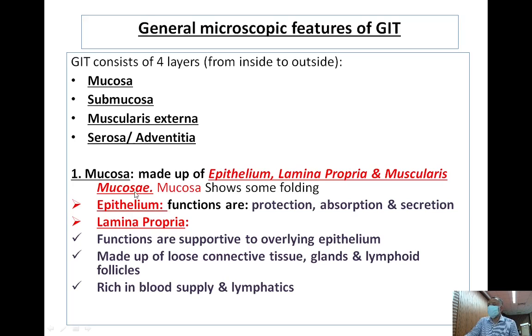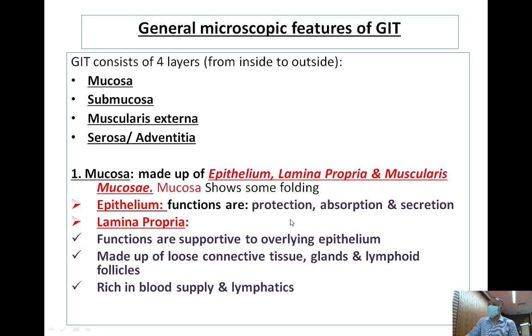Now, why is the epithelium present? The main function is protection. Wherever there is a chance of mechanical injury, the epithelium is stratified. In parts where there is very little chance of mechanical injury but a chance of chemical injury, it gives protection by secreting fluids which form a coating over the lining epithelium.